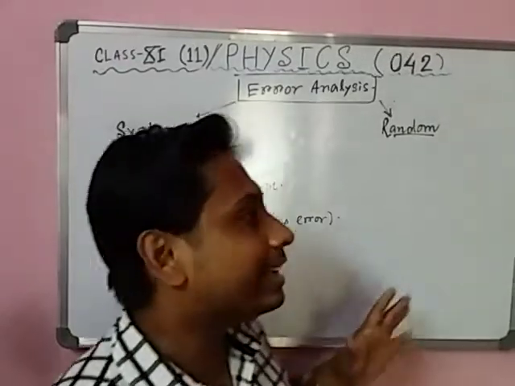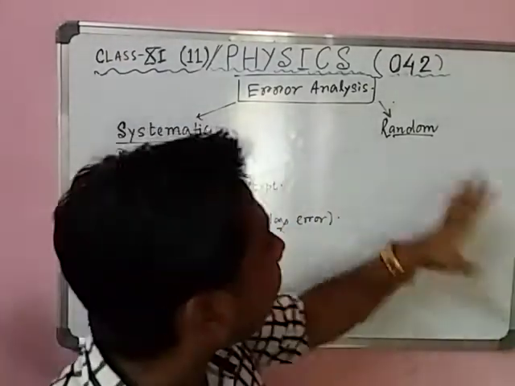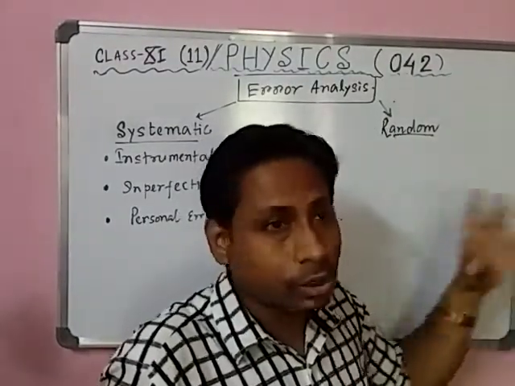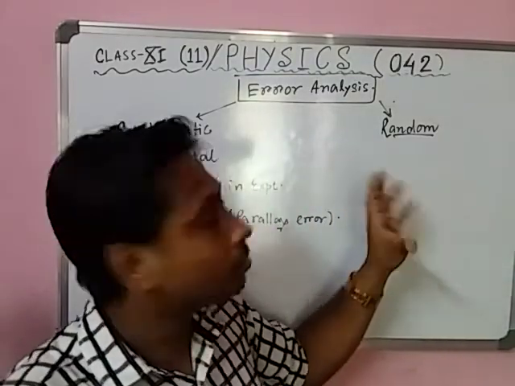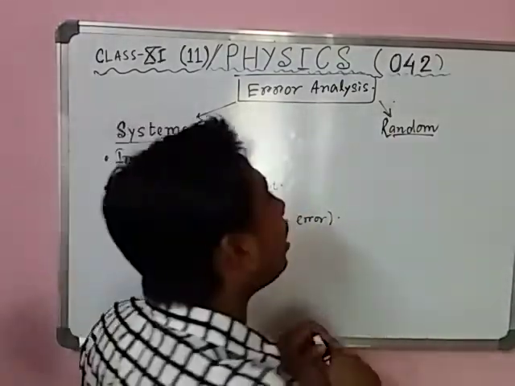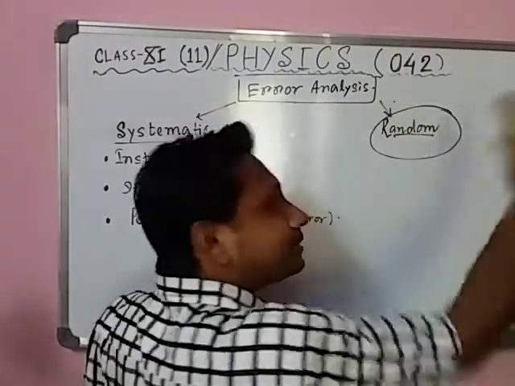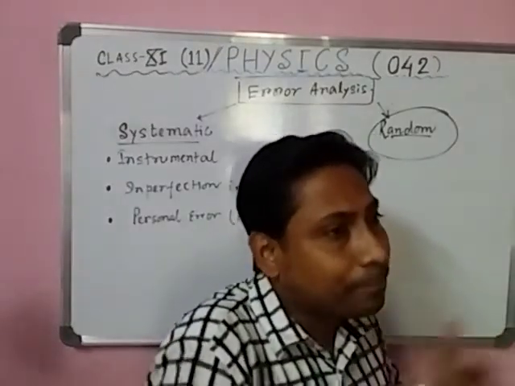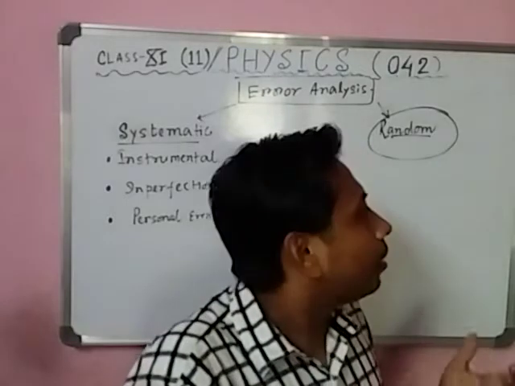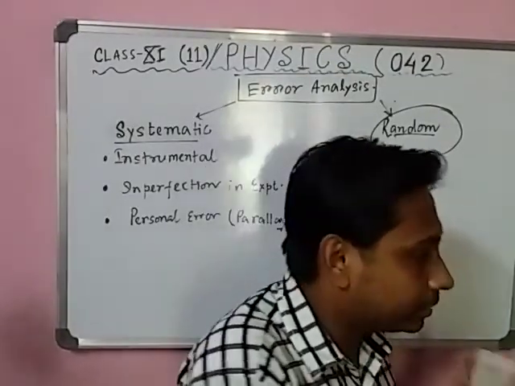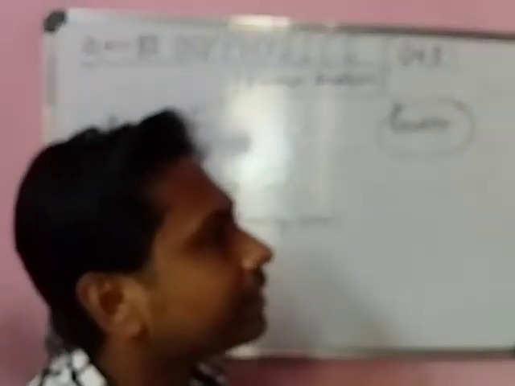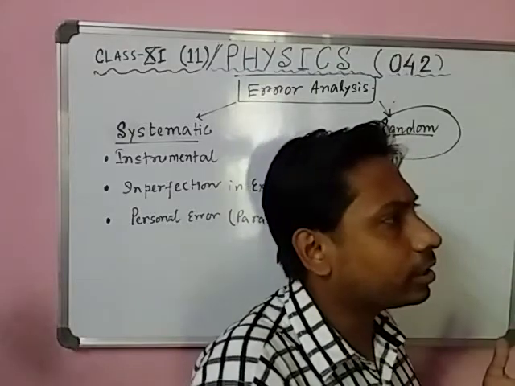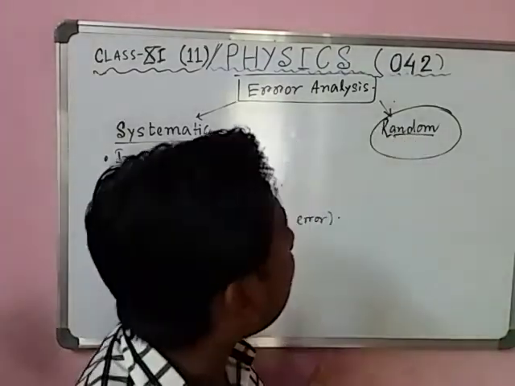But students, there is another type of error that occurs randomly, which is completely uncertain. You cannot remove it, and this type of error is called random error. It occurs randomly, like an abrupt change of temperature, or the power supply you are using in the experiment not giving constant power.